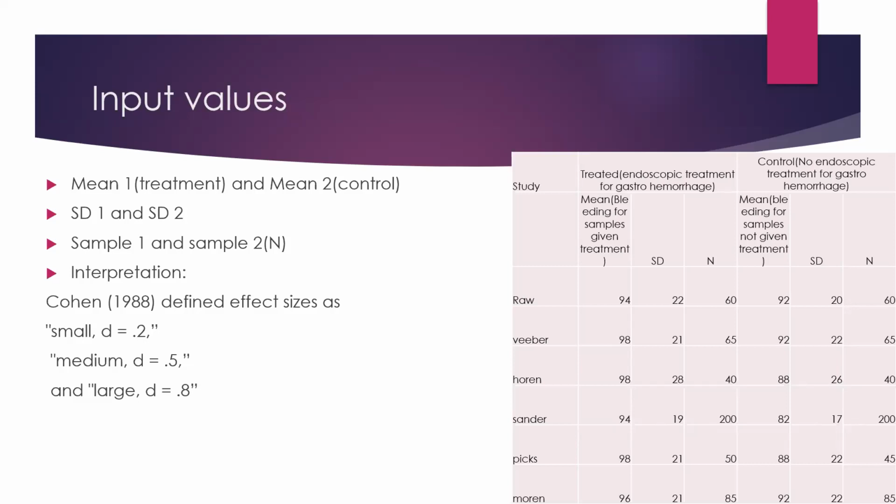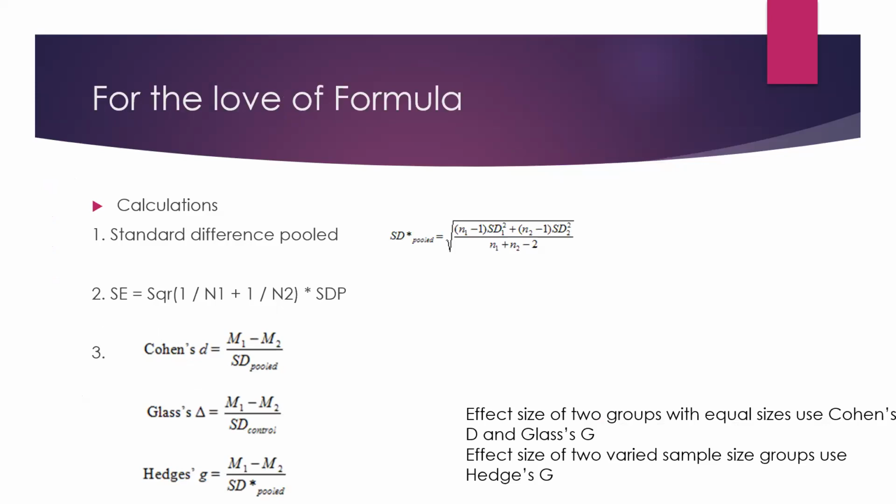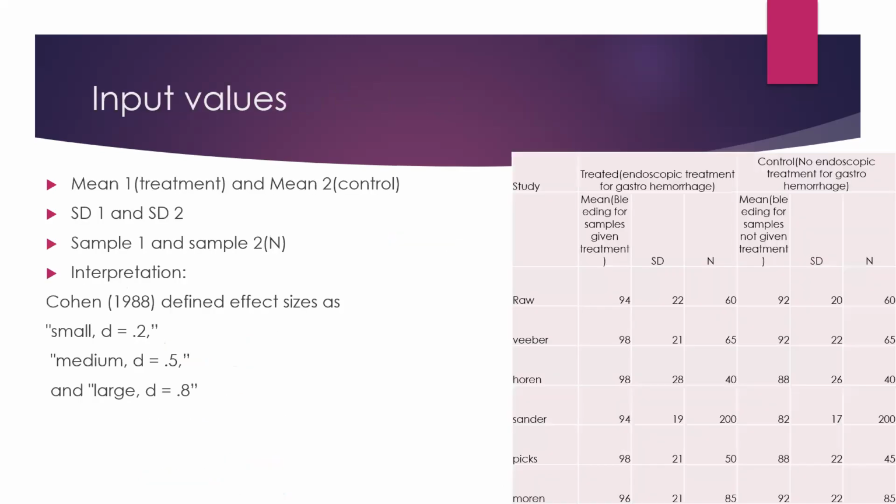Okay. So these are the formulas. These are the formulas by which the standardized difference is calculated. The N1, N2 you see is nothing but sample size 1 and sample size 2. Sample size 1 means sample size of the treated group. Sample size 2 means sample size of the control group.